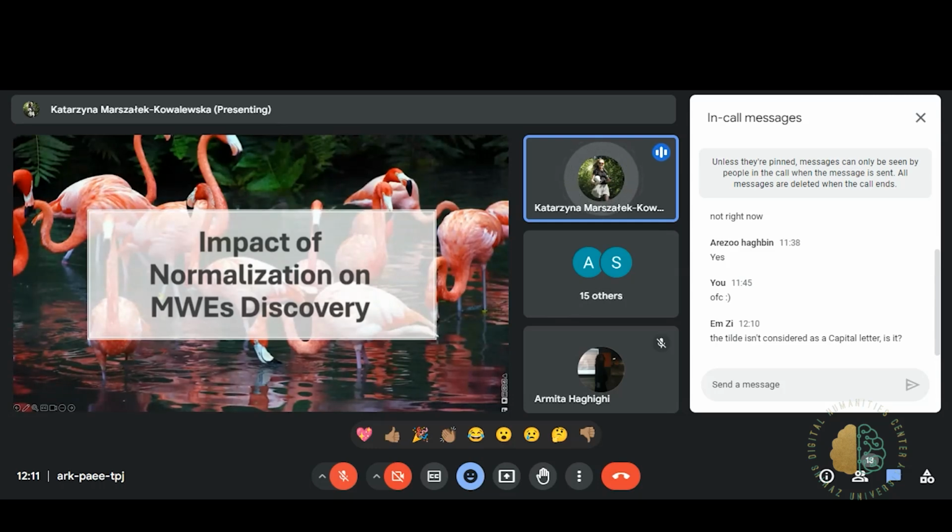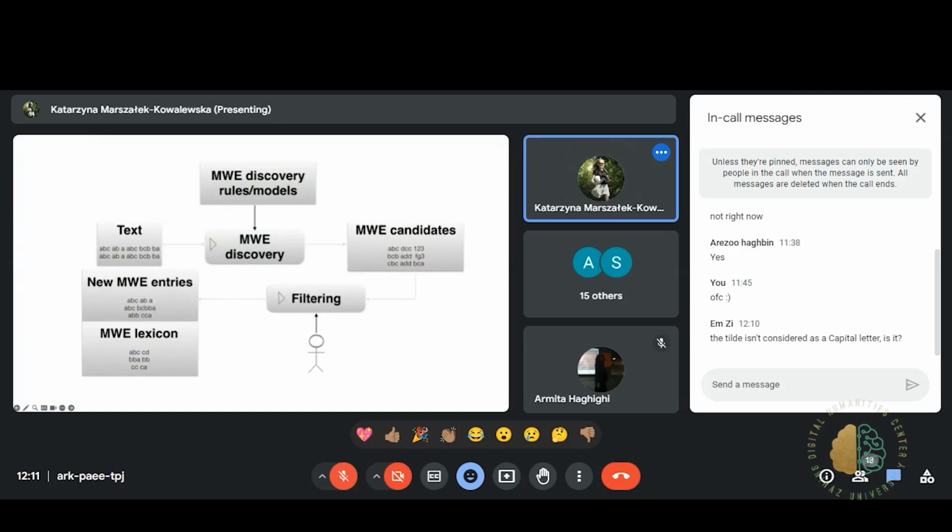There's been a number of studies done by really distinguished academics on that. So you will get the references when you write me an email when you need the references for that lecture today. And what we are going to focus on today is the second task, multi-word expression discovery.